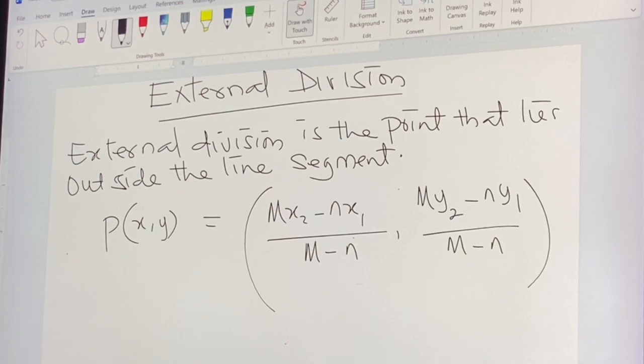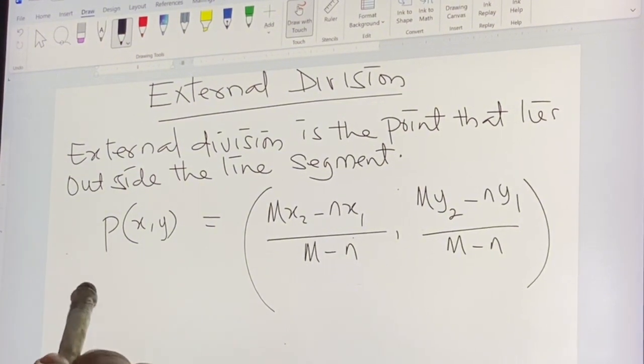If a point divides them externally, that is apart, we call that an external division. Sometimes we can also use the ratio to know if the point is an external or internal division.